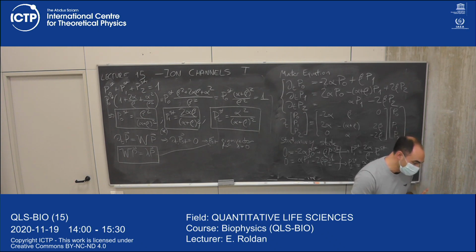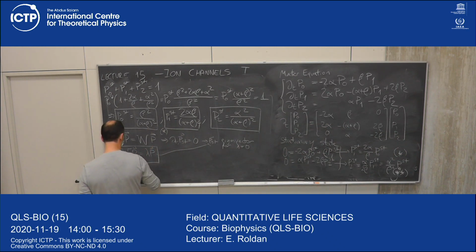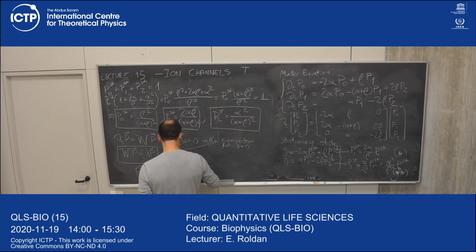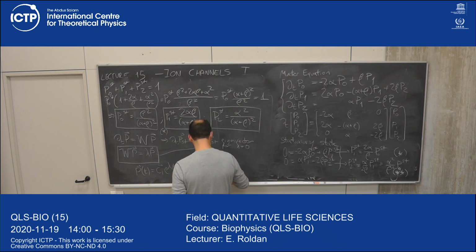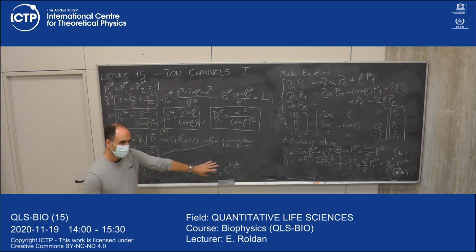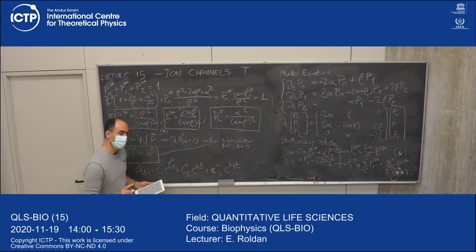Okay? You remember that the solution for this equation, you will have P of t equals C1 e^(lambda 1 t) plus C2 e^(lambda 2 t) plus C3 e^(lambda 3 t). This is the general solution. These are the eigenvalues. This one will be 0, so this will be the stationary. And these two could be real or imaginary.